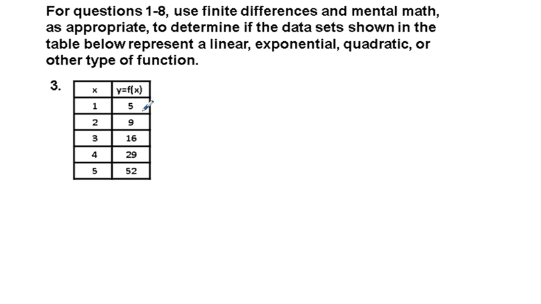Okay, on the left side, we have our common difference of plus 1, and so on. Now the right side, we have 9 minus 5 is going to be plus 4. 16 minus 9 is plus 7. 29 minus 16 is plus 13.